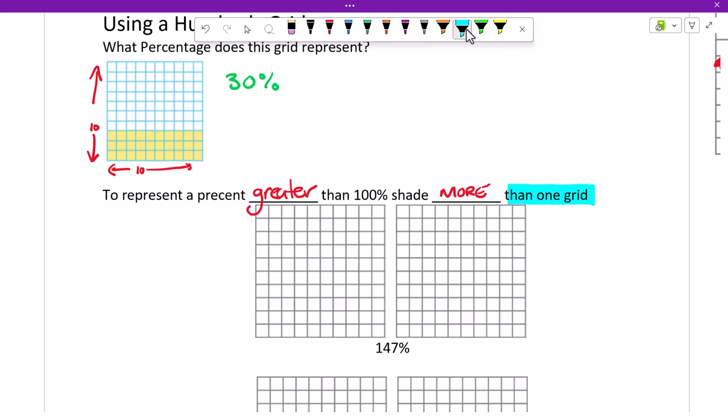So if I give you the first answer, question is 147. It's more than 100, so we're going to need 2 grids. How many do I shade in the first grid? 100. How many do in the second one? 47. Yeah, thank you. So, completely shade in the first one.